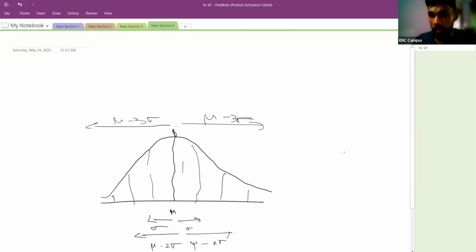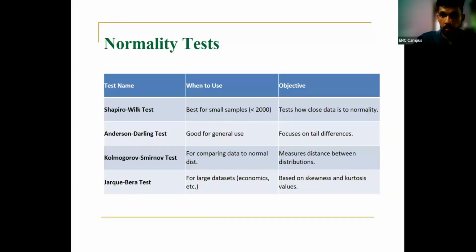We need this understanding in data analytics because most of the statistical techniques expect the data to be following a normal distribution. So before going to the test, as we discussed, we need to first ensure that it is following the normal distribution, right? That's why we need to do a normality test. The normality test checks whether your data is following a normal or Gaussian distribution. So basically we are checking, is my data normal or not?